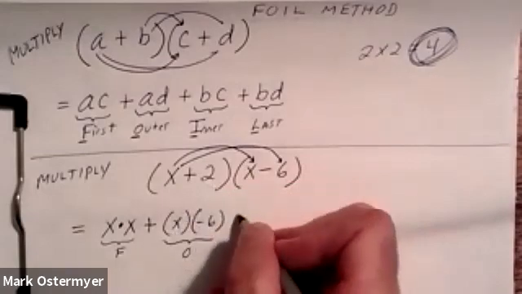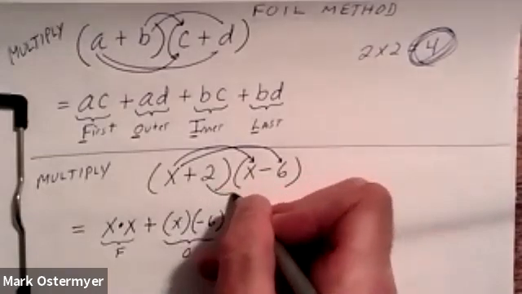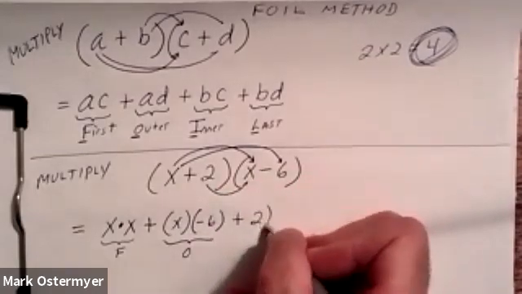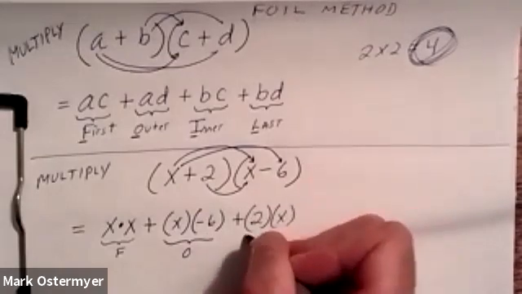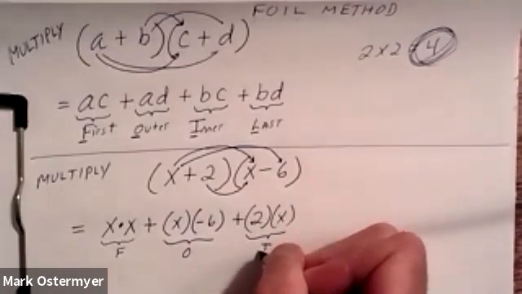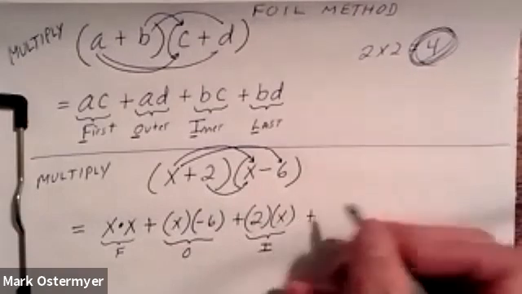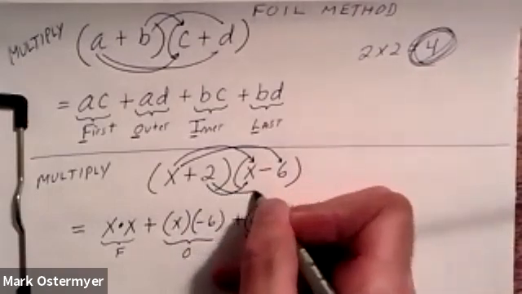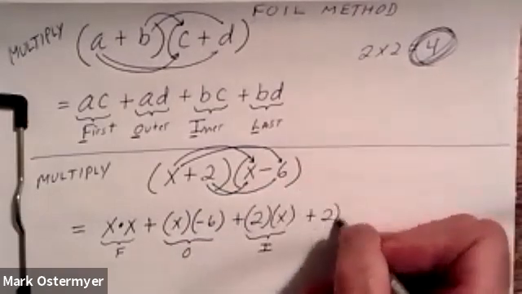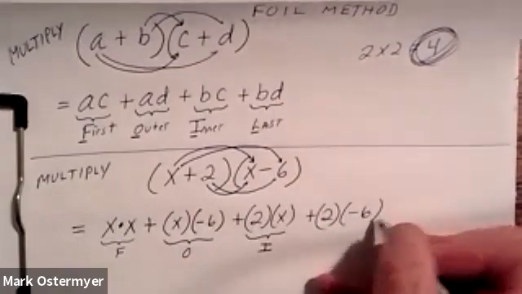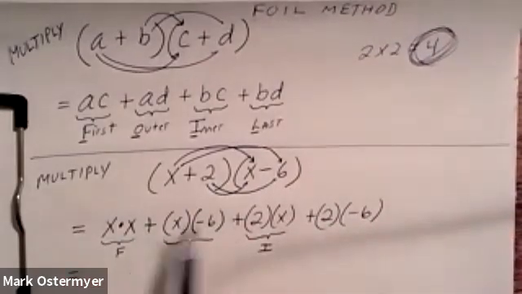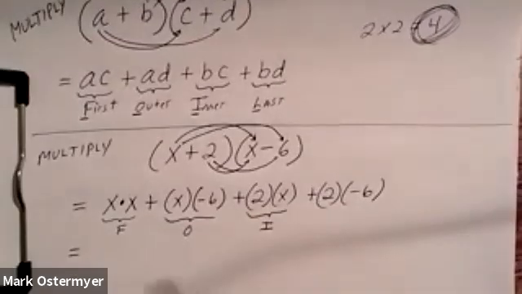Then we multiply our inner terms together, 2 times x. That represents the product of our inner terms. Plus, then we multiply our last terms together, 2 times a negative 6. Notice I always put a plus sign between my products, always, to remain consistent. Now we clean this up.